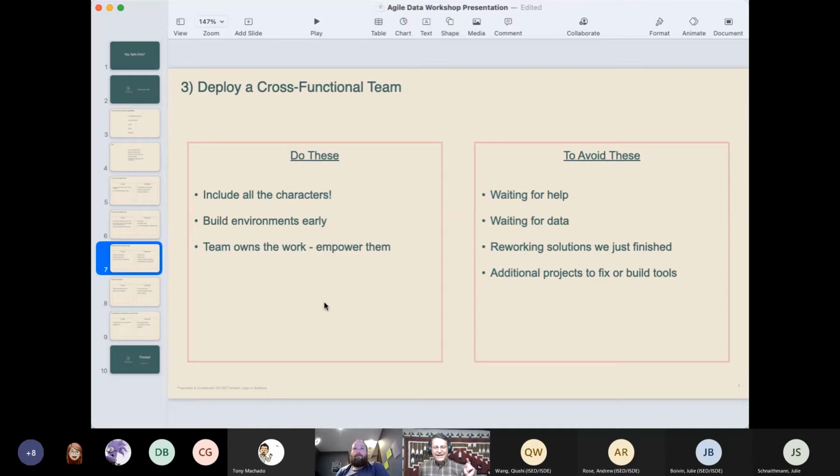If you don't do those things, if you don't have a cross-functional team with all the characters in it, if you don't build your environments early, and if you don't empower the team to own the work, you will observe, likely, the following consequences. That includes people sitting around waiting for help. I once observed a data scientist sit around for 6 months waiting for database access.